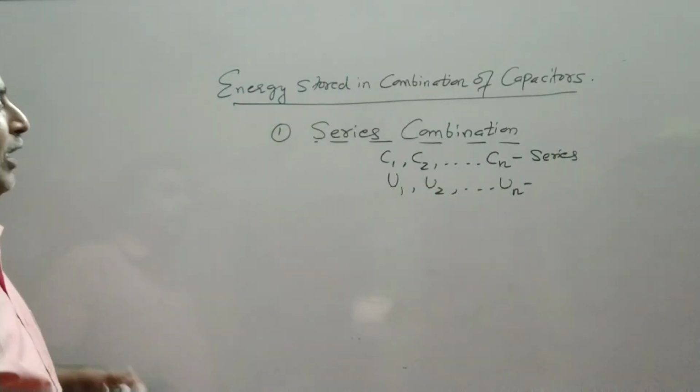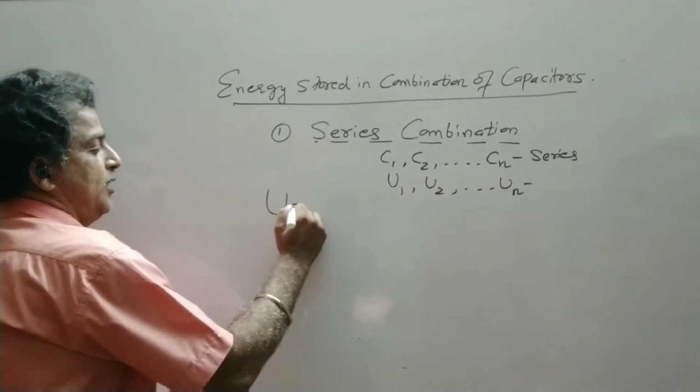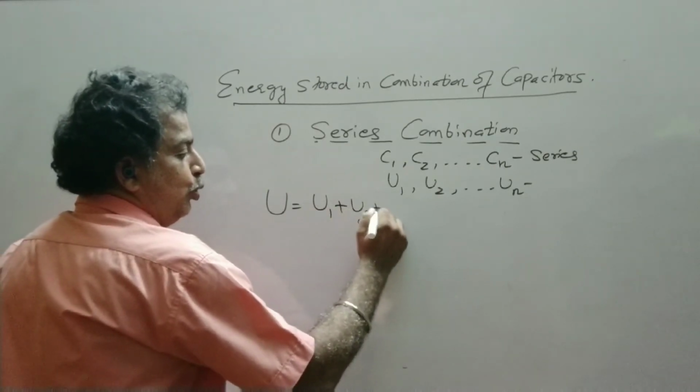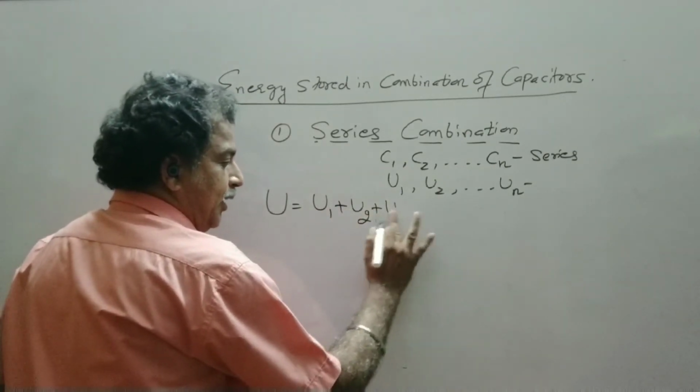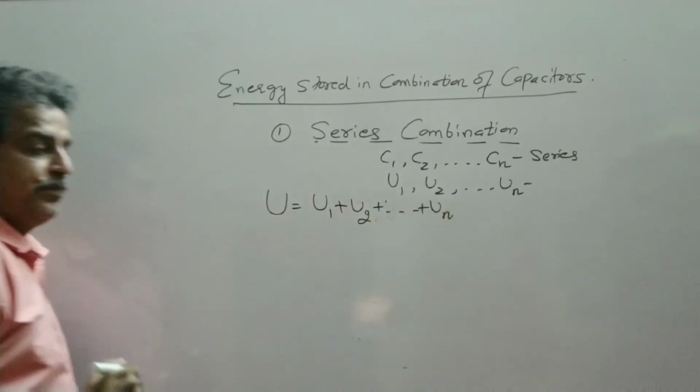If I want to find out the total energy stored in the series combination, U is equal to U1 plus U2 plus U3 plus ..., that is Un.